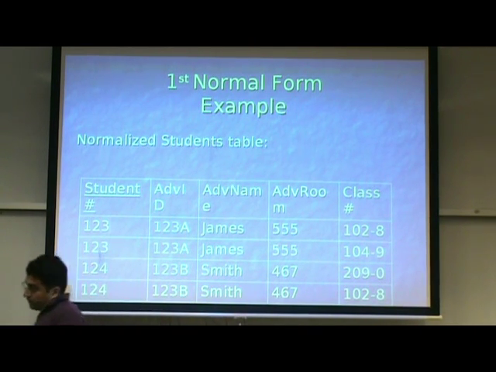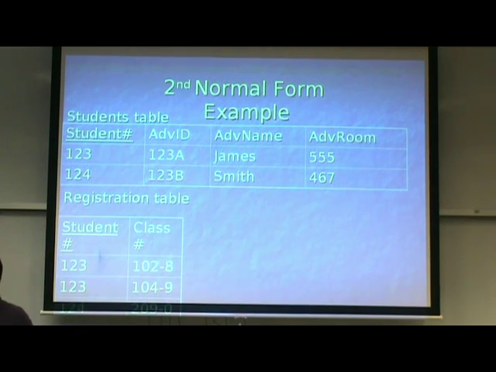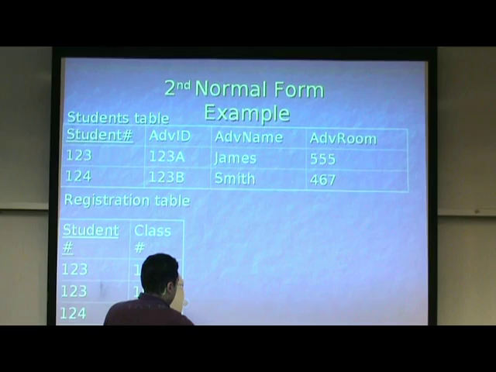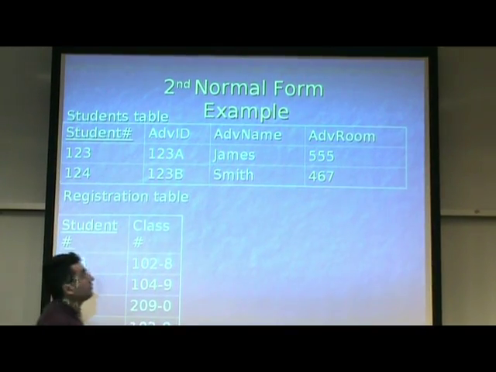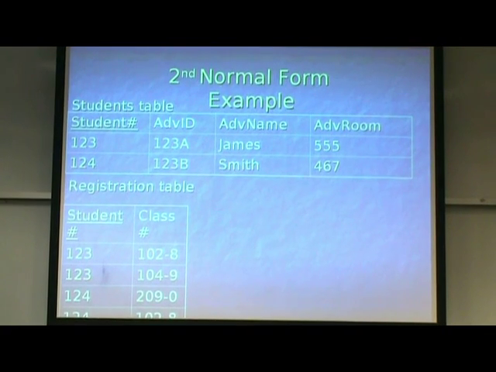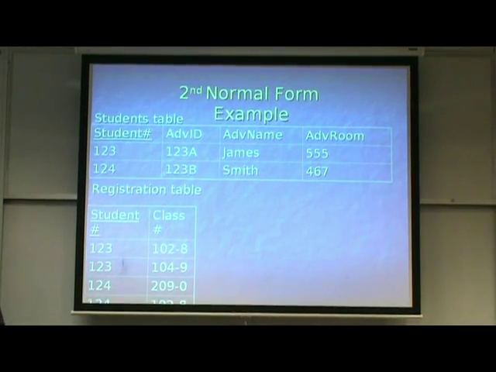So what we are doing is removing the student ID and class number to another table, which is not shown here completely. The first table does not have any redundancy anymore.